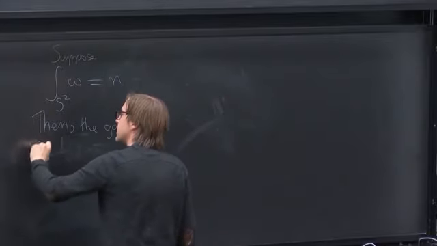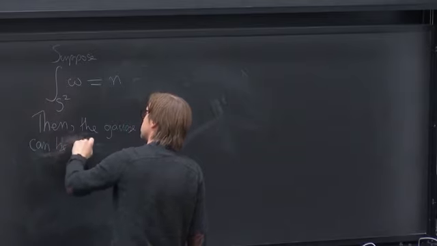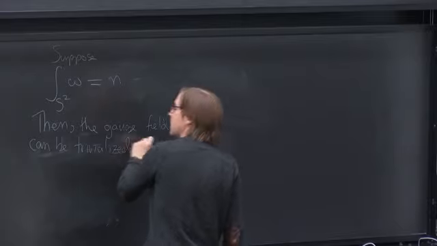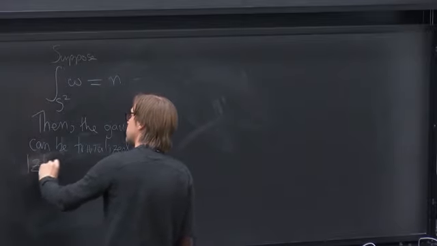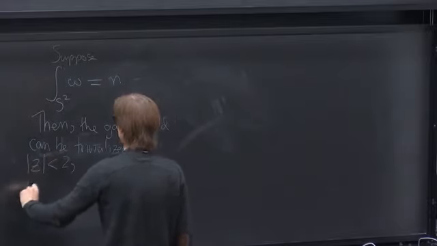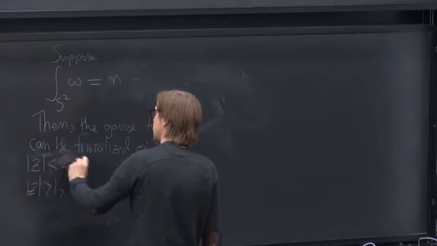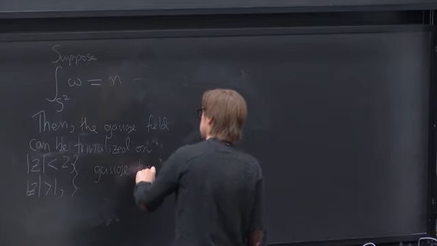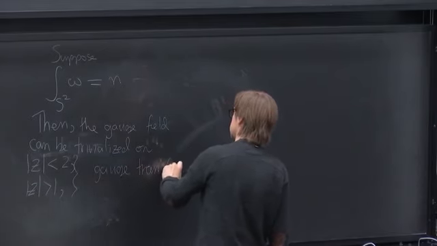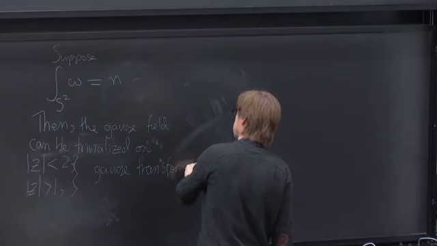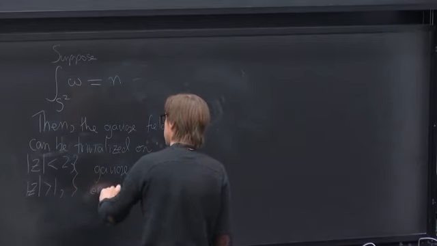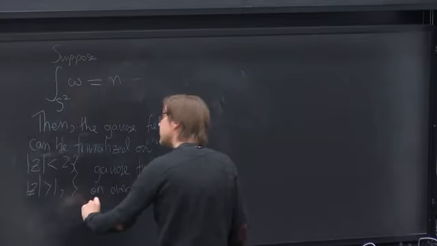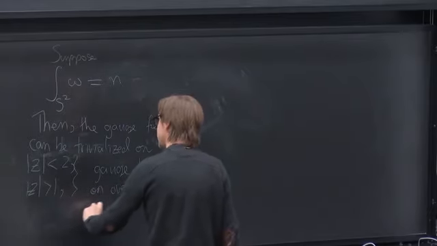So the gauge field can be trivialized on the region, say, z less than 1. So it's gauge equivalent to the trivial gauge field. And the gauge transformation on the overlap is something that winds around n times, so we'll take it to be z to the n.